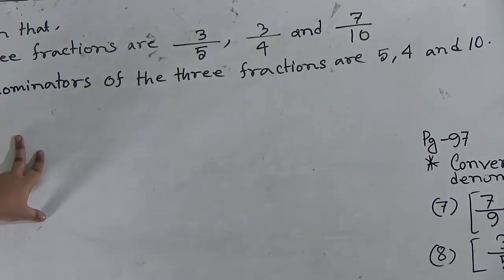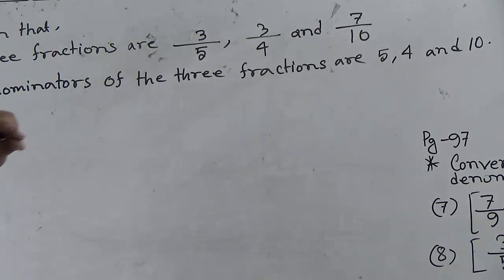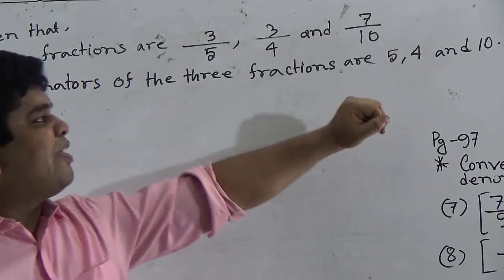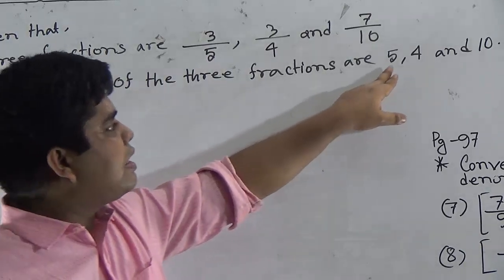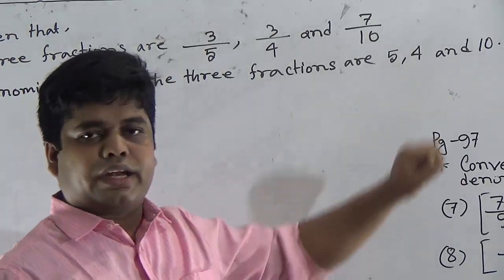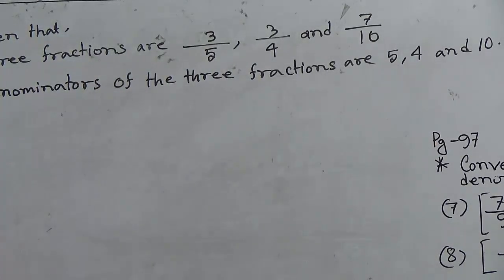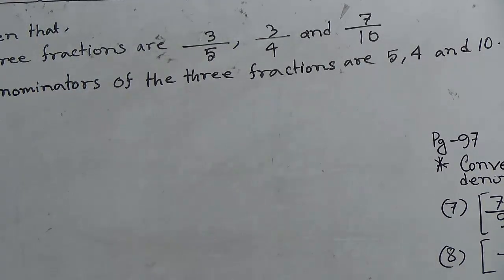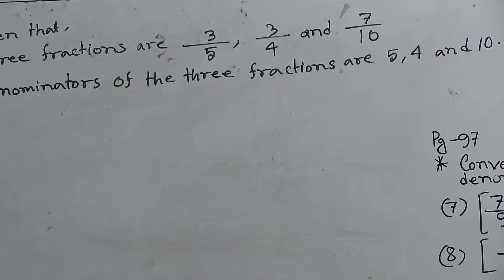Then what can we do now? After finding the denominators of the three fractions, we find the LCM of the denominators. That means find the LCM of 5, 4 and 10. First we find the multiples. Multiples of 5: 5 ones are 5, 5 twos are 10, 5 threes are 15, 5 fours are 20, 5 fives are 25, 5 sixes are 30.